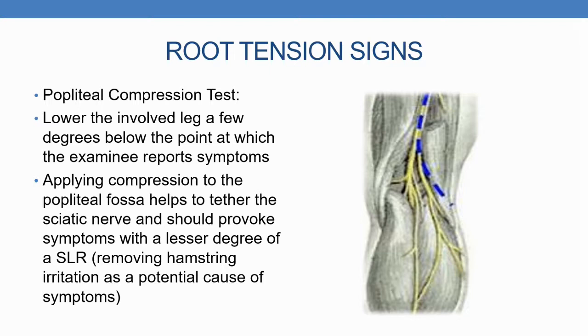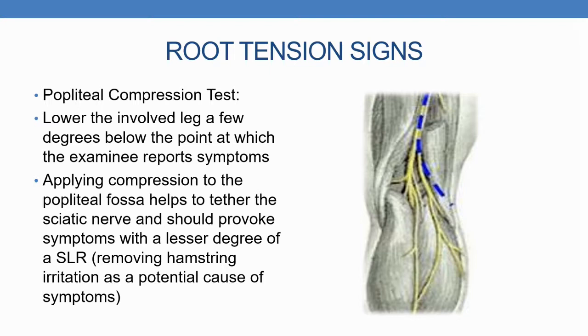So to use the popliteal compression test, we perform a straight leg raising maneuver and elevate the test limb up to a point at which the examinee reports sciatic nerve pain. And like we said earlier, that should be somewhere between 20 and 70 degrees of hip flexion.